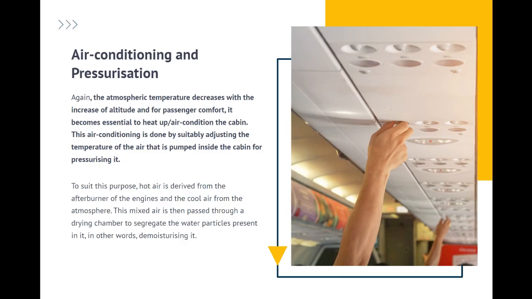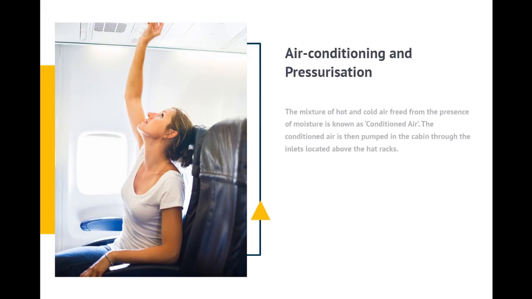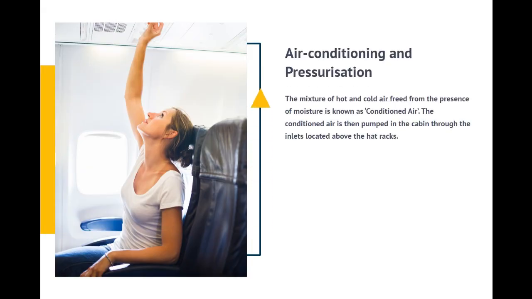This mixed air is then passed through a drying chamber to segregate the water particles present in it, in other words, demoisturizing it. The mixture of hot and cold air freed from the presence of moisture is known as conditioned air. The conditioned air is then pumped in the cabin through the inlets located above the hat racks.